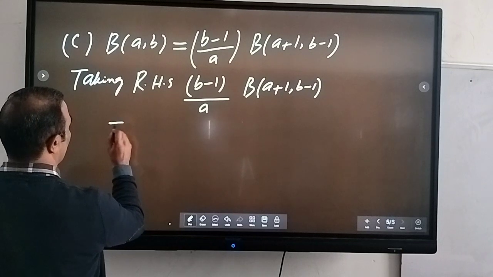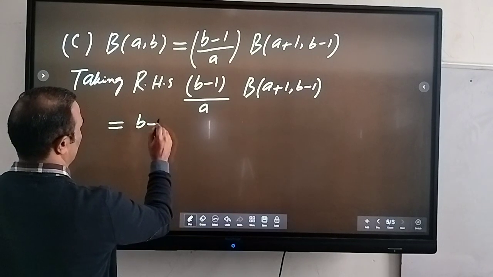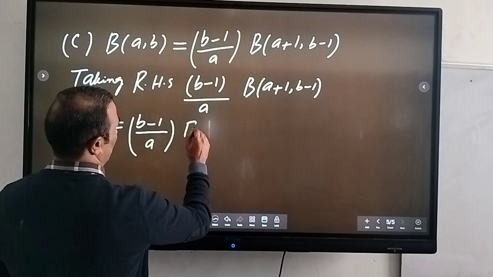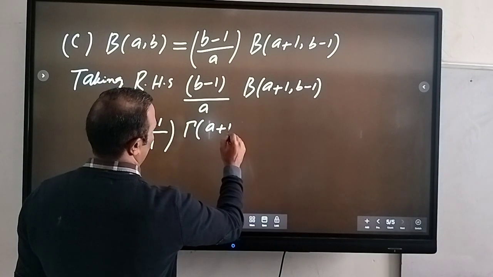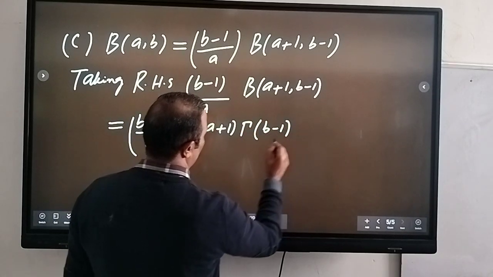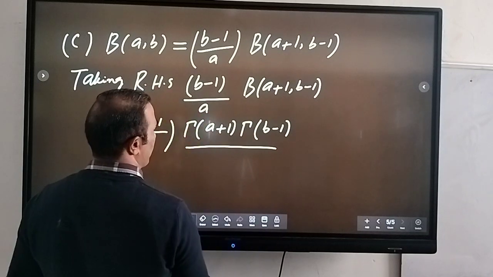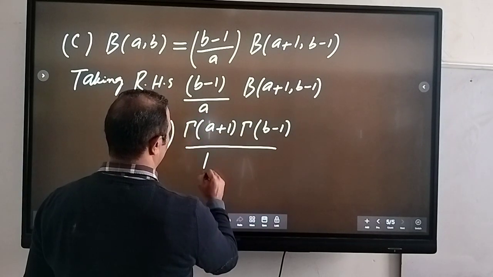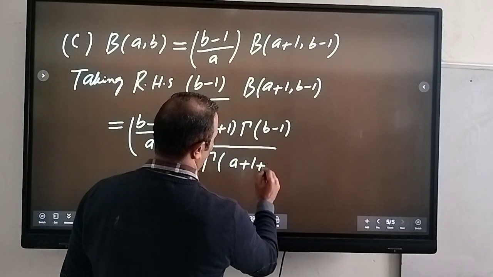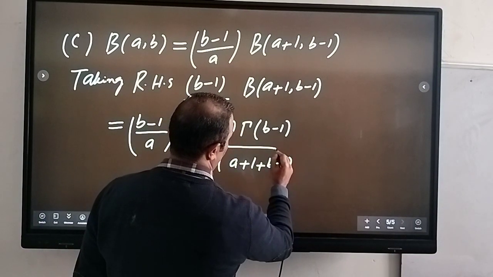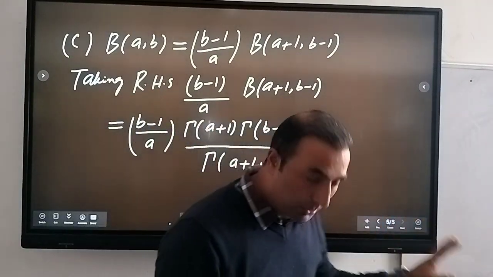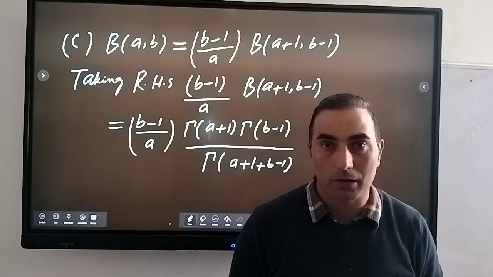Okay, so this will be equal to. Just check it because beta of A, B equals gamma A gamma B divided by gamma of A plus B.